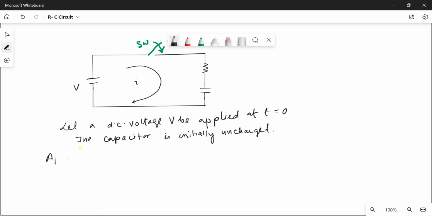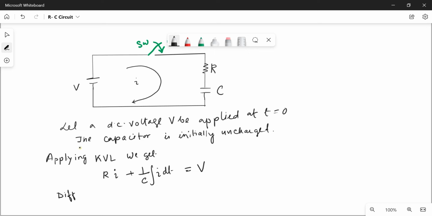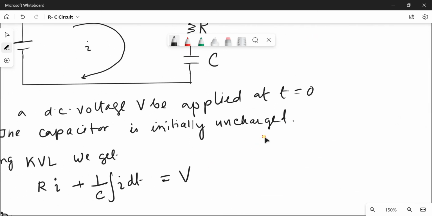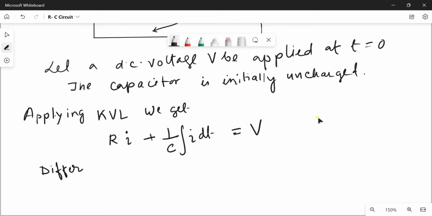So you can apply KVL and we will get resistive drop plus capacitive drop is equal to supply voltage. So Ri plus 1 upon C integration i dt is equal to V. We will differentiate it, differentiating both sides.